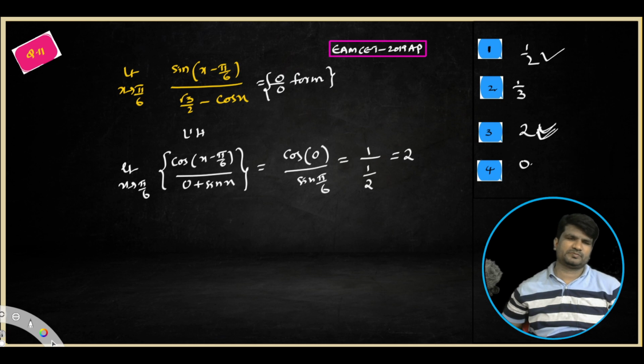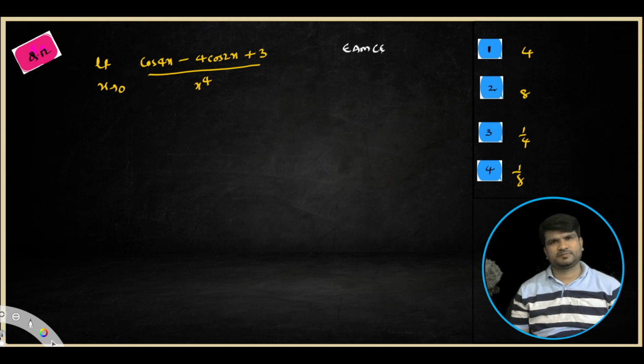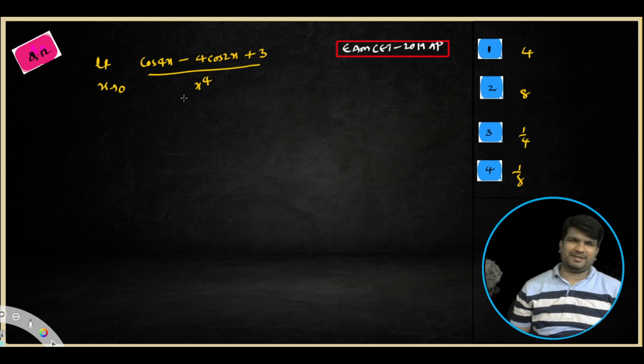So the next question is (1 minus cos 4x, plus 4 times cos 2x, minus constant) over x power 4. This one is also Eamcet 2019 AP. In the denominator x power 4 is there, so according to L'Hospital rule we have to differentiate the given function 4 times. If x square, we differentiate 2 times; x cube means 3 times; x power 4 means we differentiate 4 times.